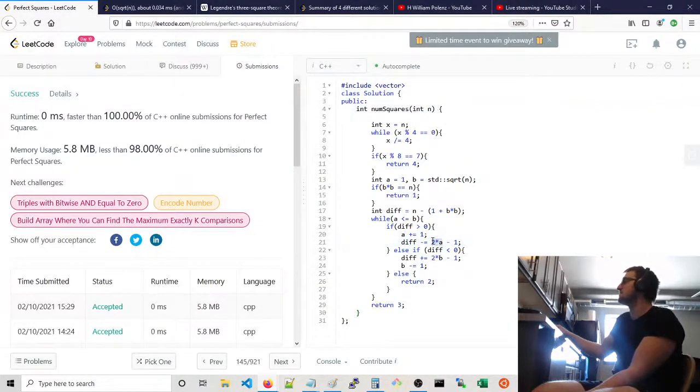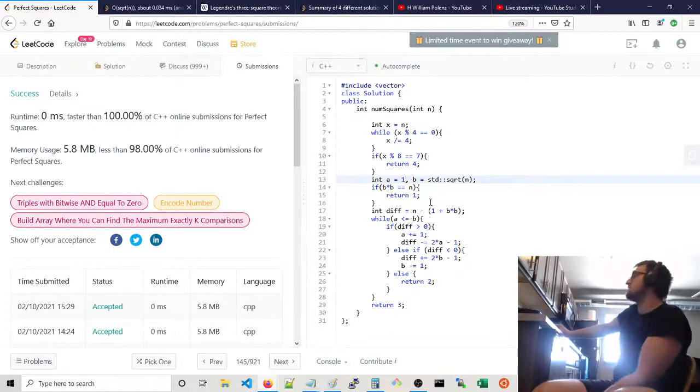Yeah, you don't even need to use... You can use different values entirely. You could set A and B to be the odd numbers represented by this.